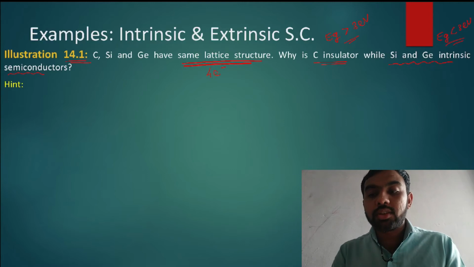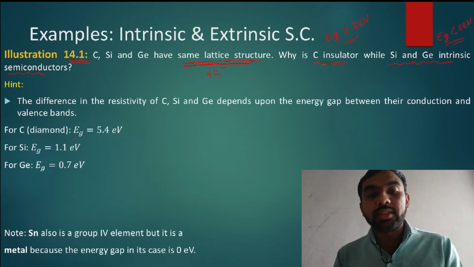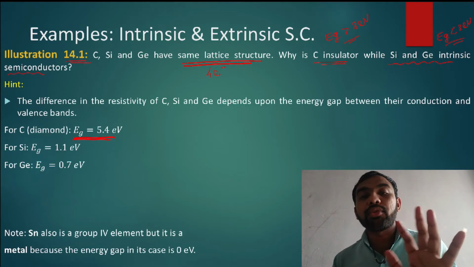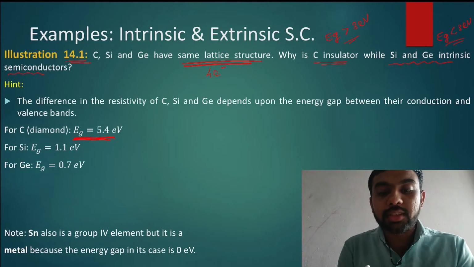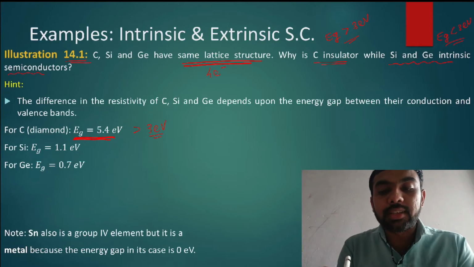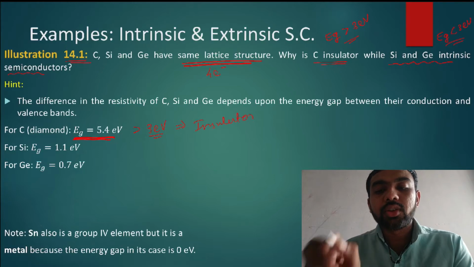Okay, now let's discuss this one. If you consider the energy gap, in the case of carbon it is 5.4 electron volt. It means it is greater than 3 electron volt, so we can say that carbon is an insulator.